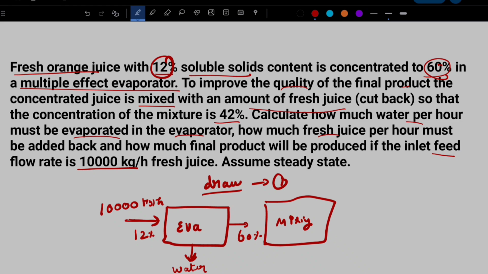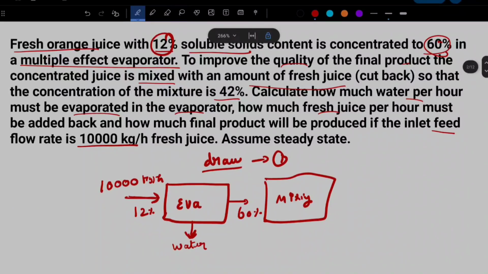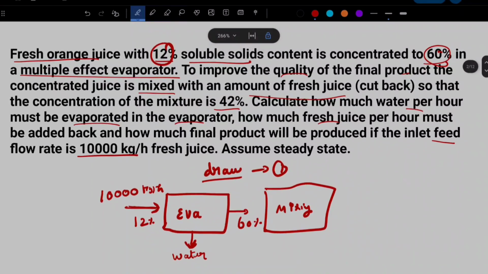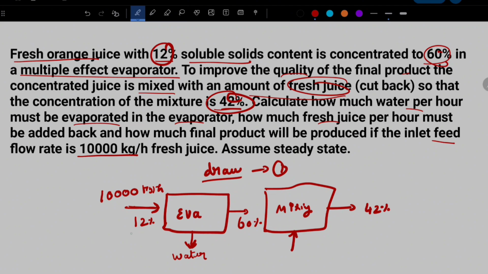So water out. And in the mixing process, I'm adding fresh juice back. Why? To get the concentration to 42. So the final concentration is 42, and I'm adding fresh juice. You know the fresh juice concentration is 12 percentage. You don't know the value either.